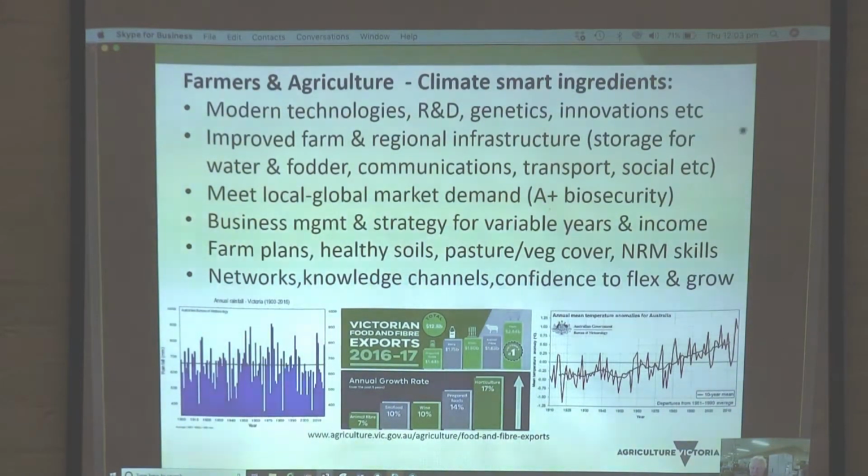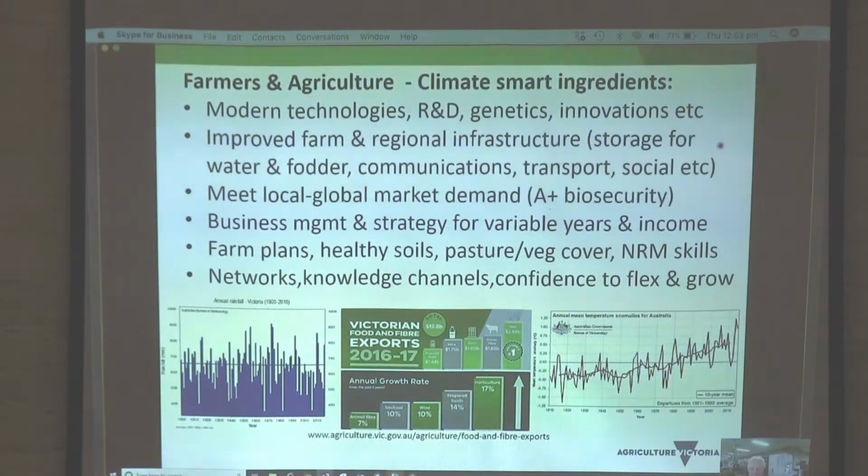So: new technologies, innovations on farm and regional infrastructure, especially around water security and how we manage fodder. We've also got lots of great extra things in communications. A farmer showed us the other day how good it is just on an iPhone: you can look up the latest sea surface temperature map and carry it around, and that all helps him. You couldn't have done that 15 years ago.